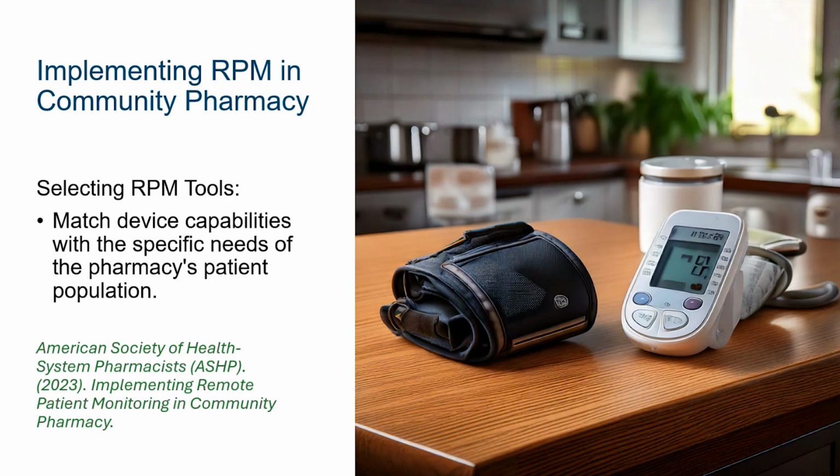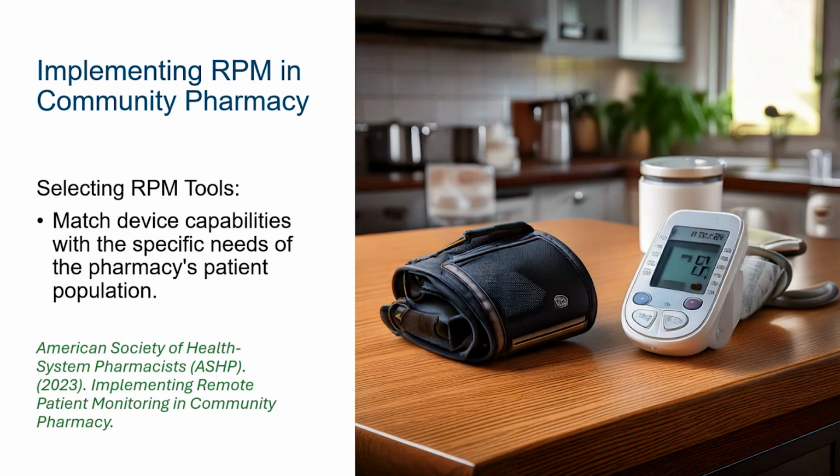Let's say your pharmacy is in a community with a high number of elderly patients with hypertension. You could start by offering blood pressure monitors as your primary RPM tool. These devices are simple to use and align with the common health issues faced by your patient base.